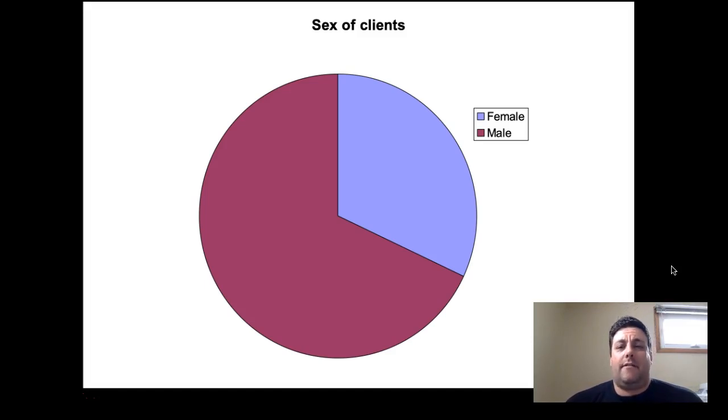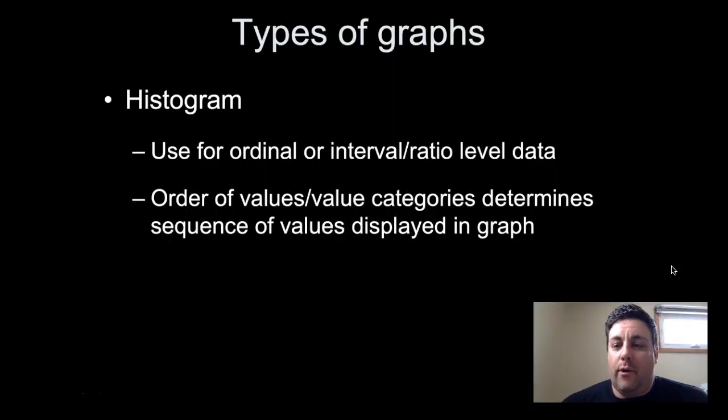This is that same data represented in a pie chart, and obviously the point is made that there are dramatically more males than females, but we don't know how many are in the data set altogether. There could be 10 people, there could be 10,000 people. And so again, this is where you have to use your judgment when you're making graphs.